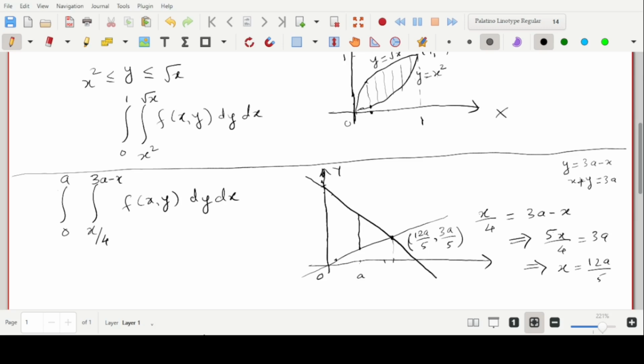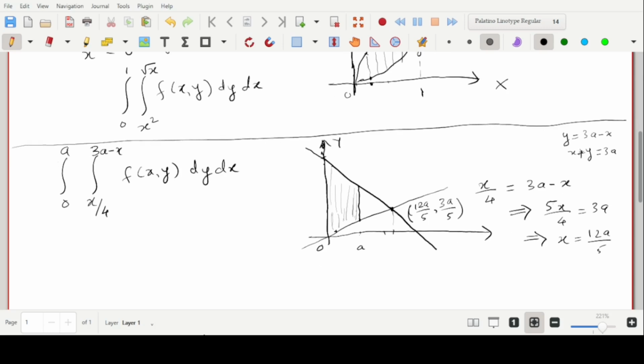So actually it is this region, the desired region. This other part is of no use, something we should not take into account. So it is this region, this trapezium, as you can call it.